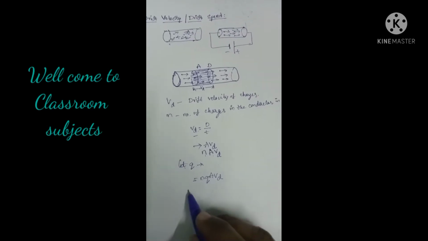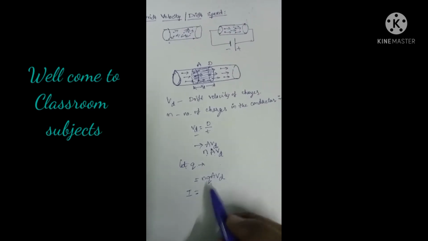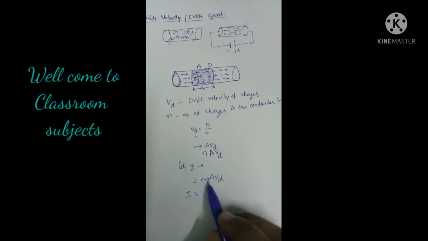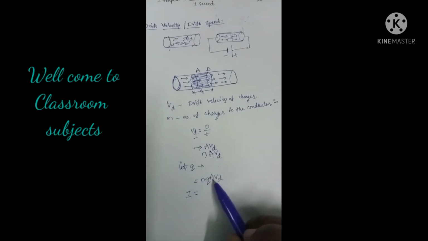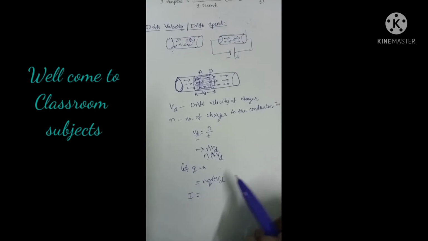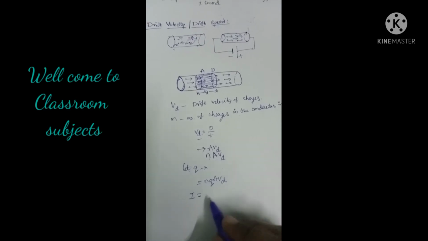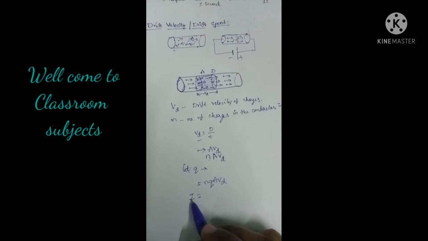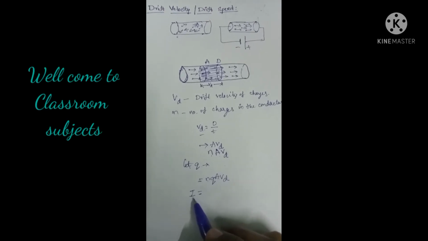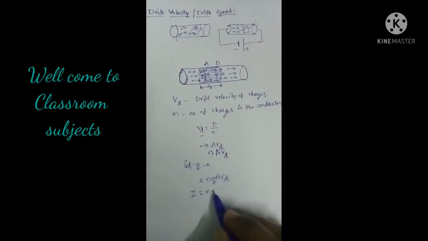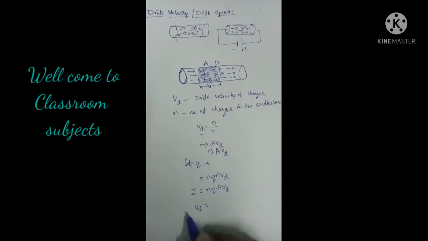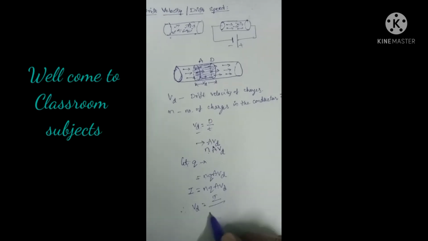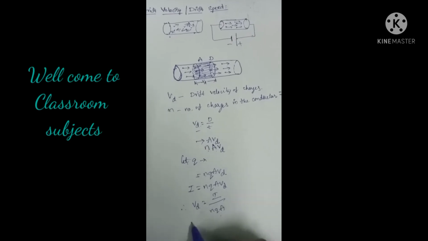This is nothing but electric current I. The amount of charge crossing the cross-sectional area A in 1 second is equal to electric current. So I is equal to n into Q into A into Vd. Therefore Vd is equal to I by n into Q into A.